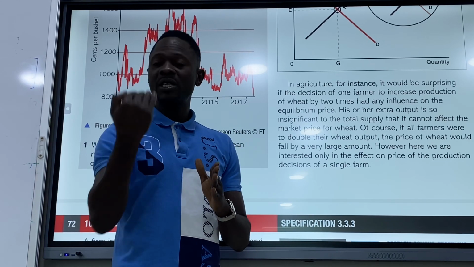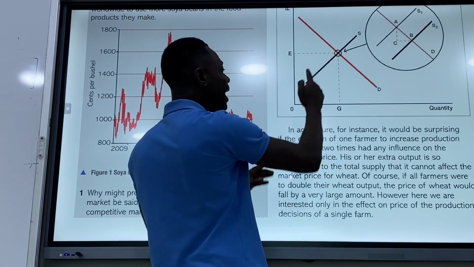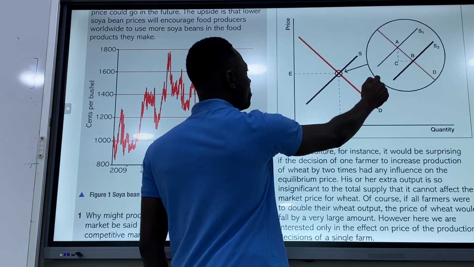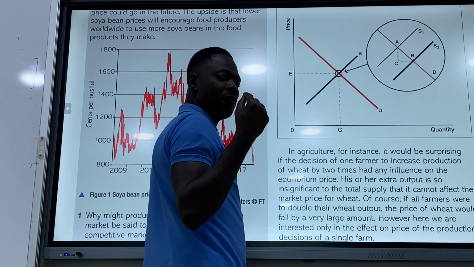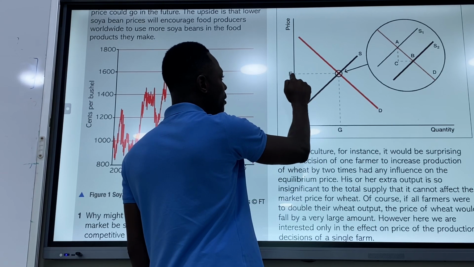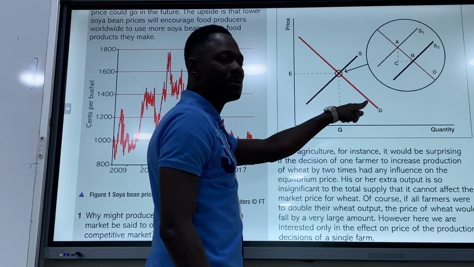The price will definitely fall because an increase in output will shift the supply curve rightward from S to S1, bringing about a fall in the price of wheat from P to P1, because there's going to be movement along this demand curve.